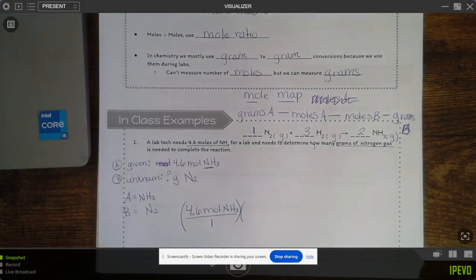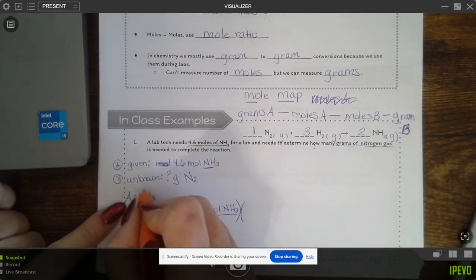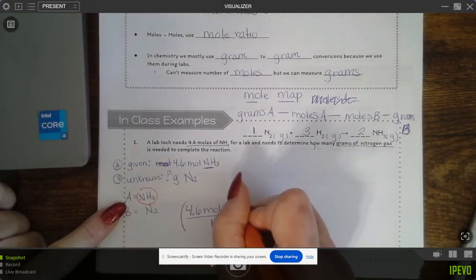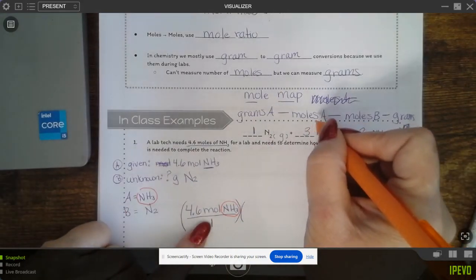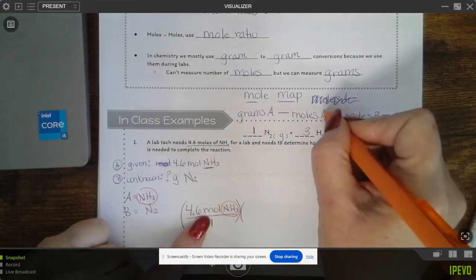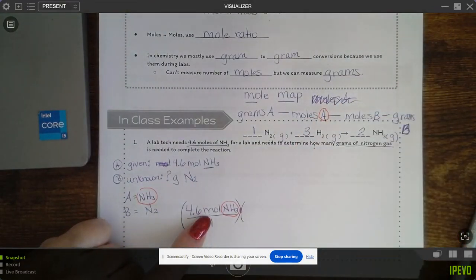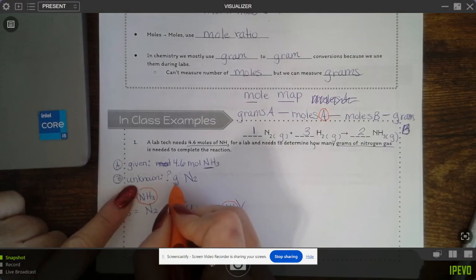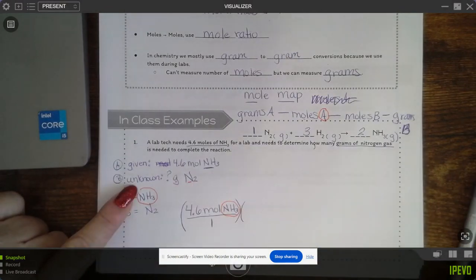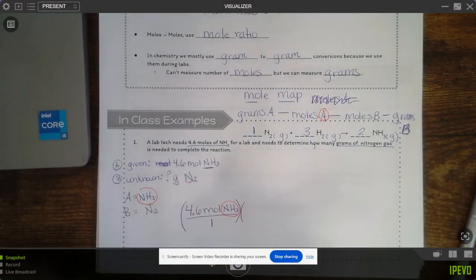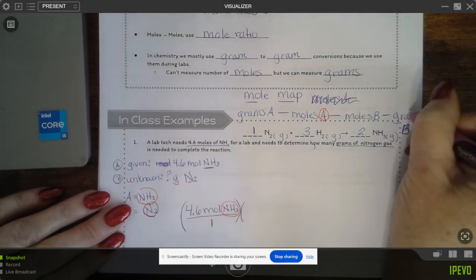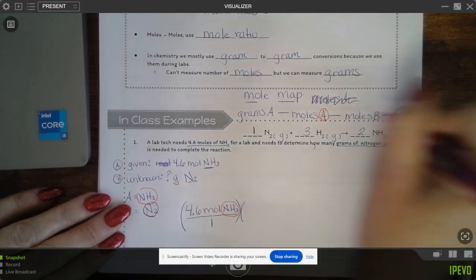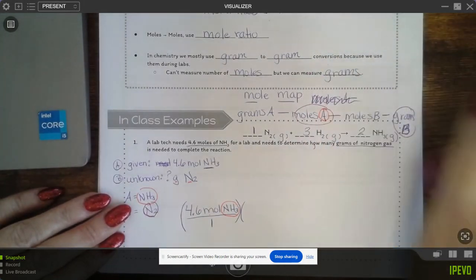Now I want you to notice this: since A is NH3, this is NH3, so I'm starting, if I look up at my mole map, with moles of A. I want to get to grams of B. B is N2. So I'm starting with moles of A and I want to get to grams of B.